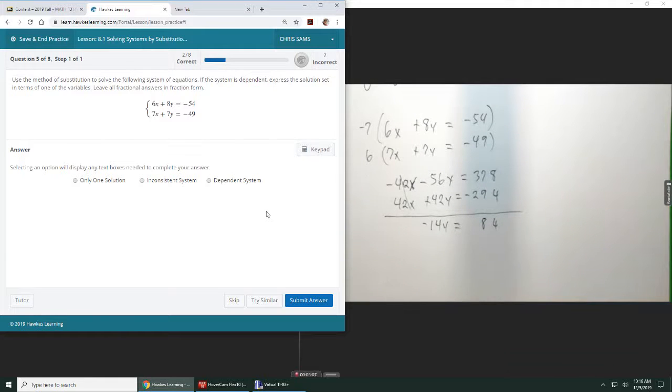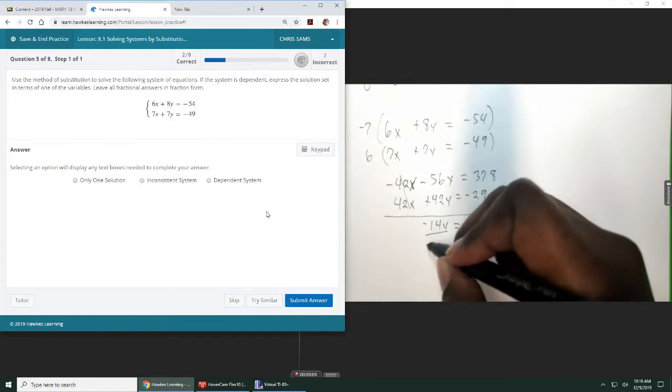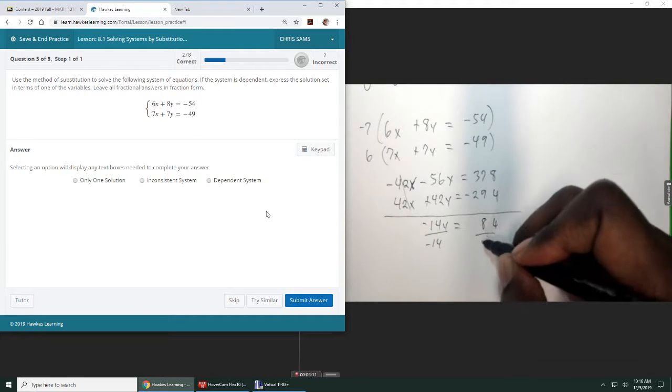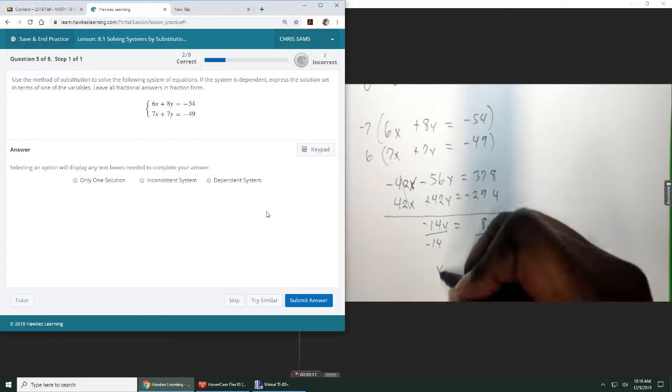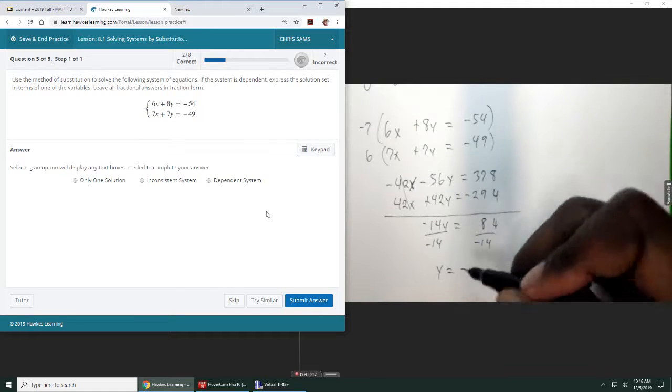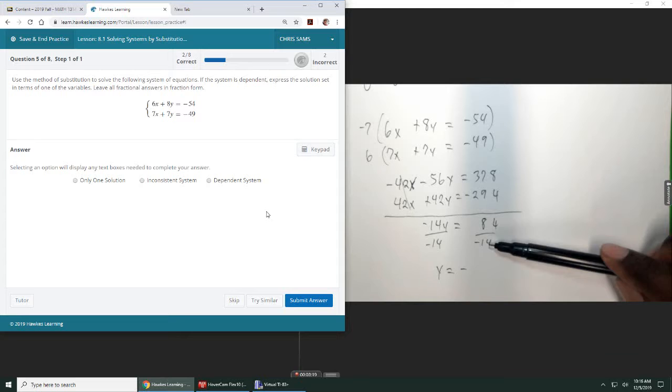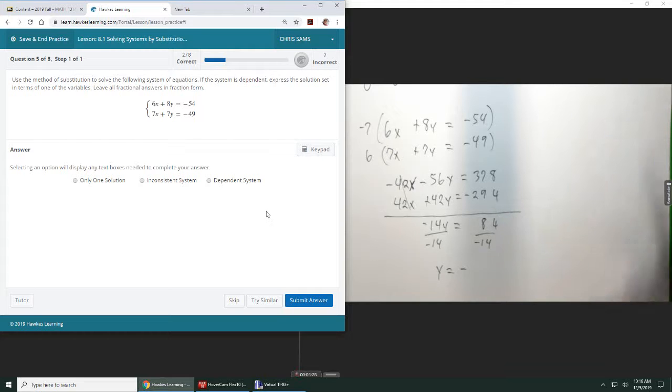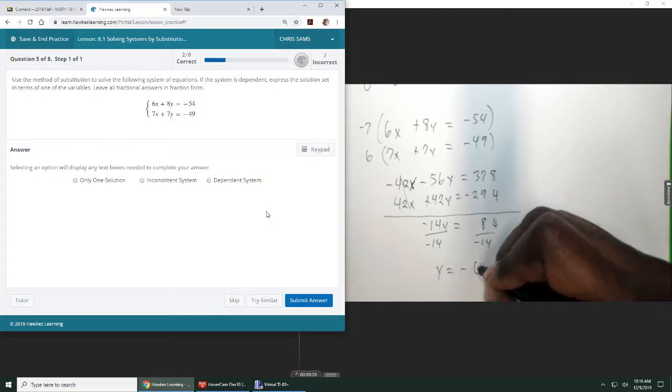We get negative 14y is 84. We divide by negative 14, and we get y equals, so we end up with a negative number. 14 times 5 is 70, and then one more will be 84. So we get negative 6 here.